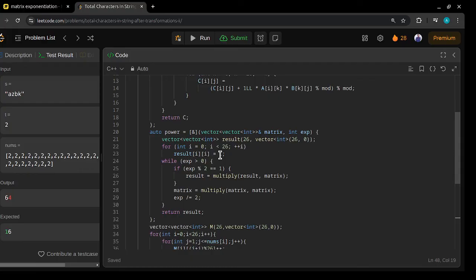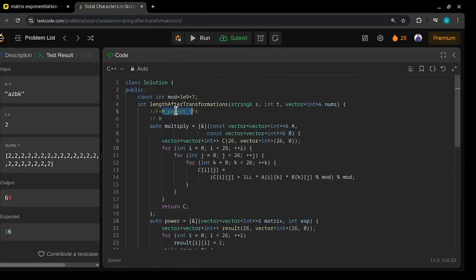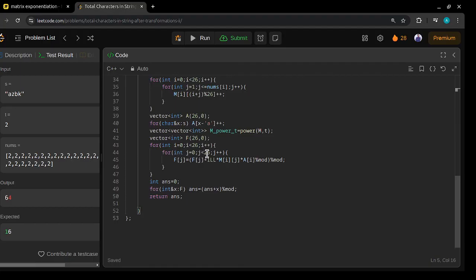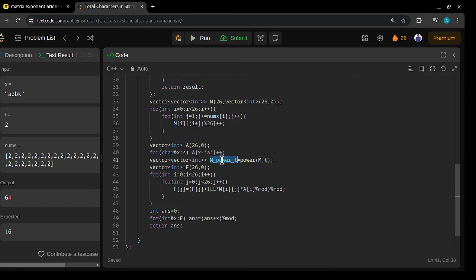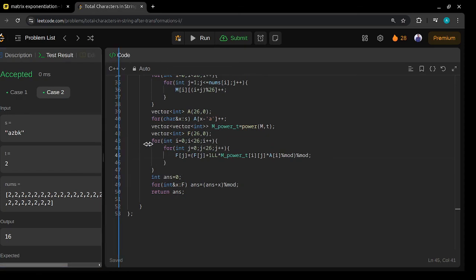I have multiplied A also for every i, and it should be not M but the power of M. This will be power of M raised to the power t, and yeah, it is accepting.